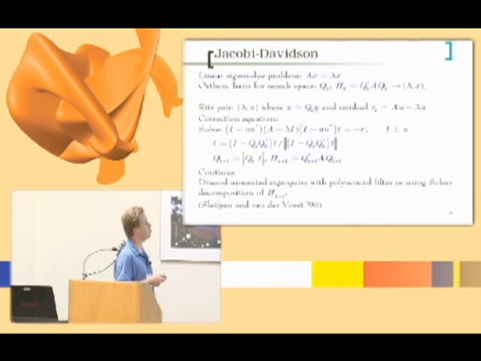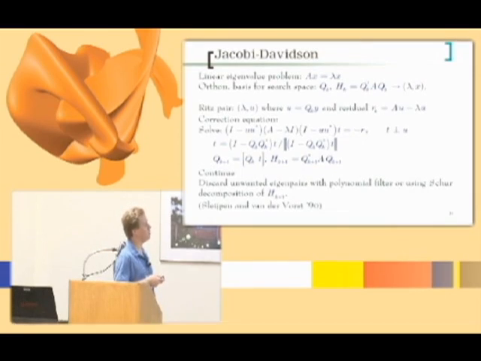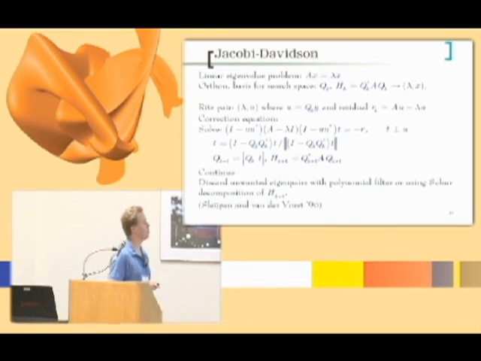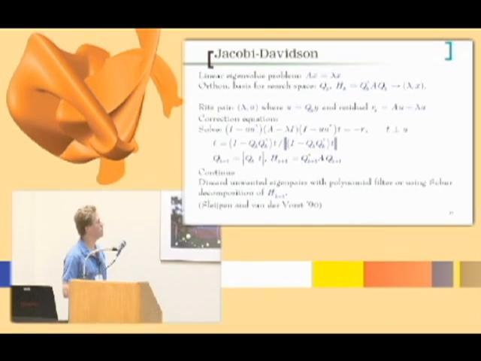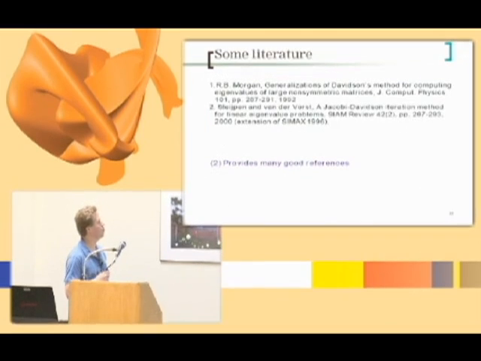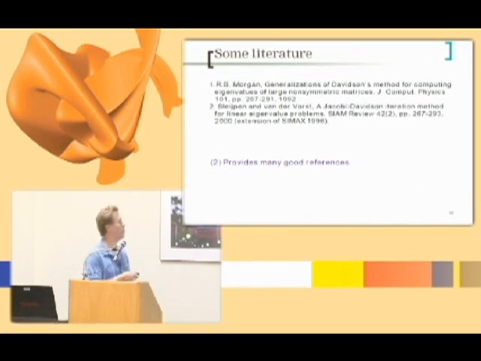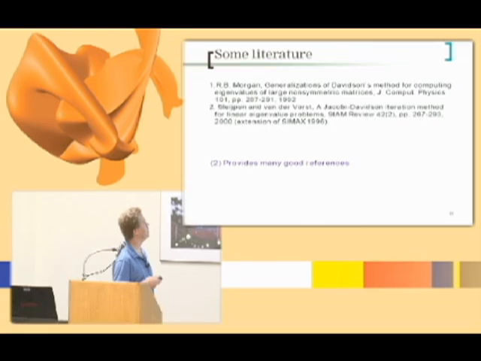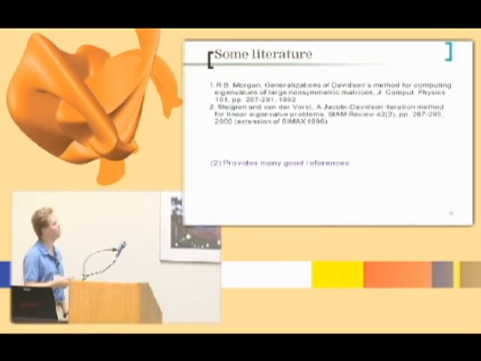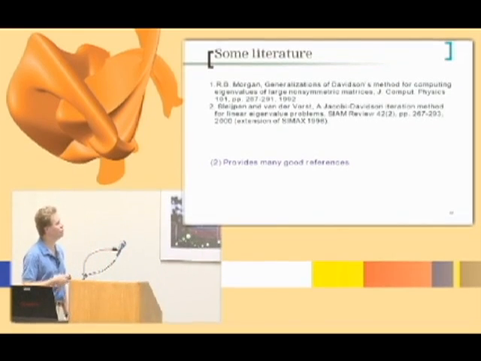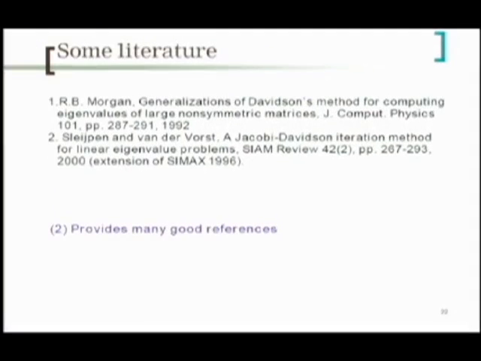If you can precondition it, then you can solve these systems fairly accurately and you get pretty fast convergence. And that's made this method quite popular. And this is the original paper. Ronald Morgan did a lot of work on Davidson's method, so you can find some more information about that as well. And there's also a lot of reference in general to eigenvalue problems.